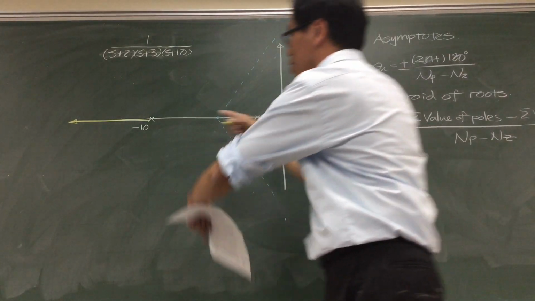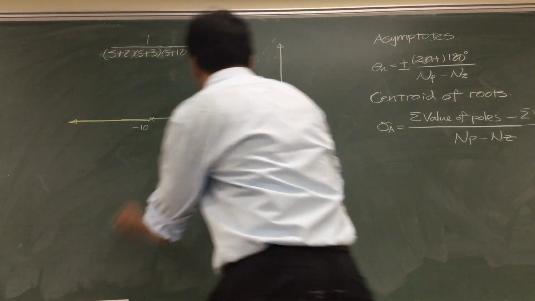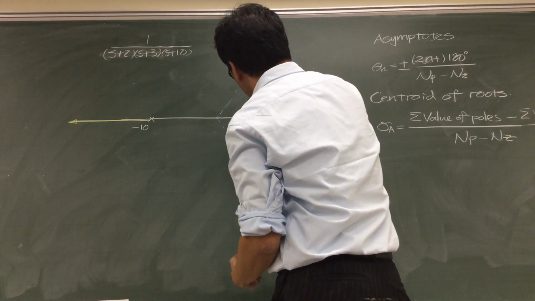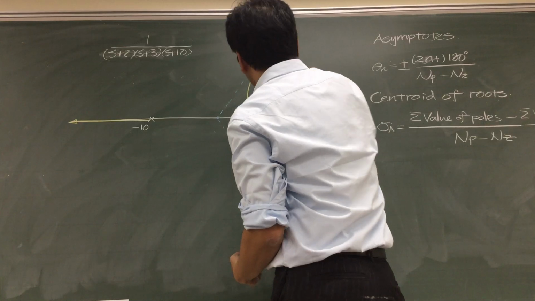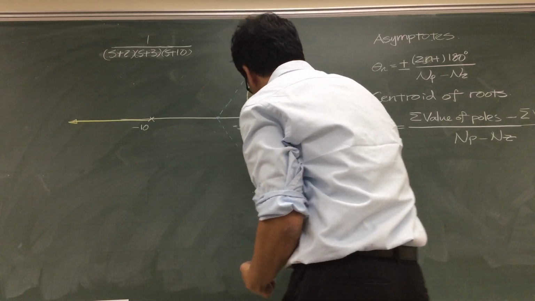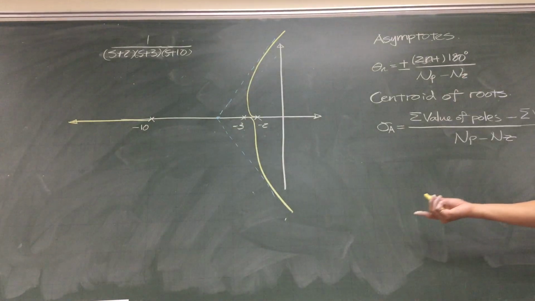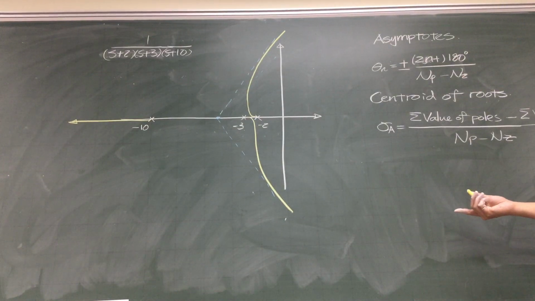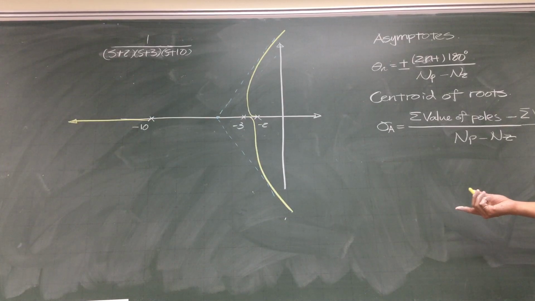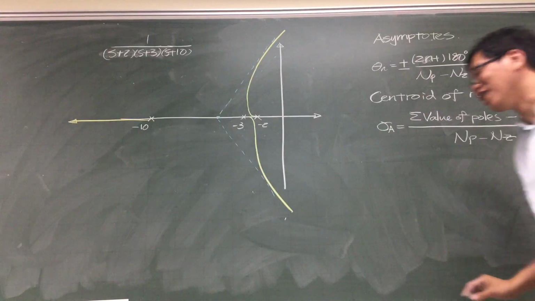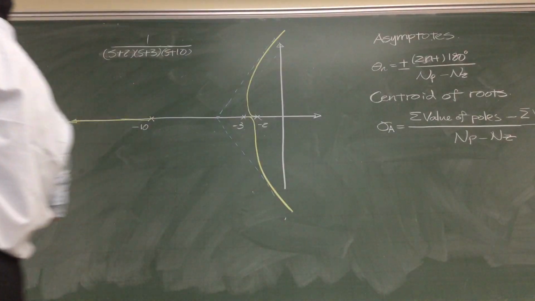And we know those 2 are going to hit each other, and at some point they are going to break out. Okay. So far, any question? Does that make sense? No? Yes.